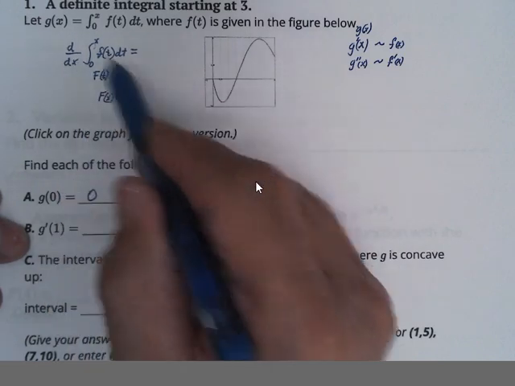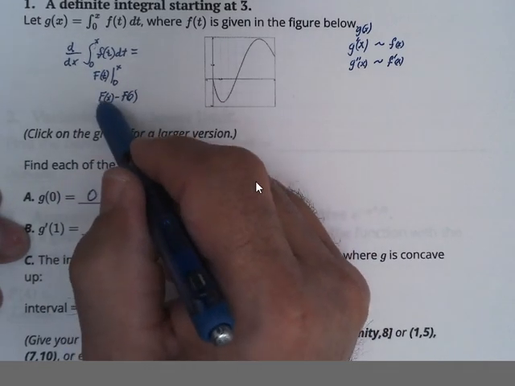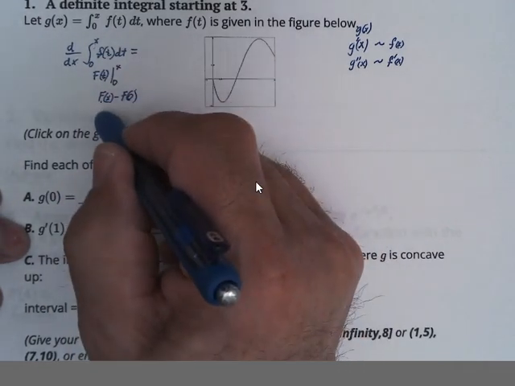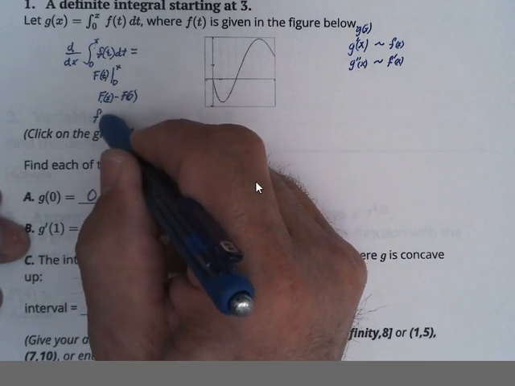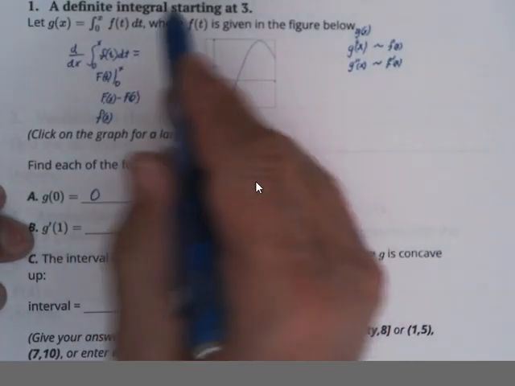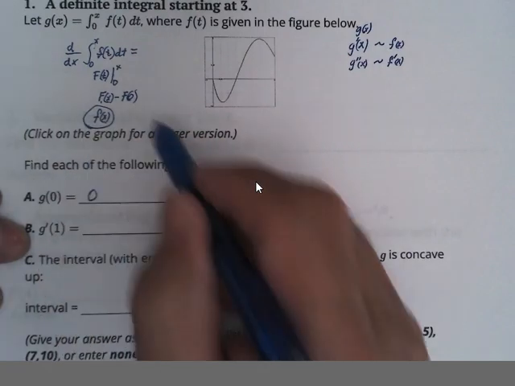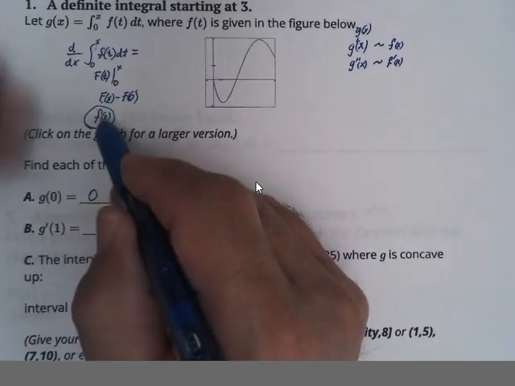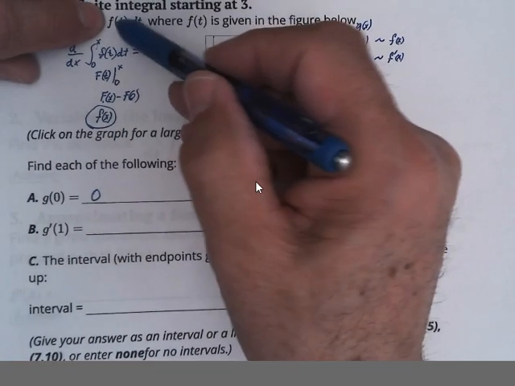And if you take the derivative of this, the derivative of capital F is back to little f with x put in it. And the derivative of a constant is 0. And so it's just f of x, or f of whatever you put in there.